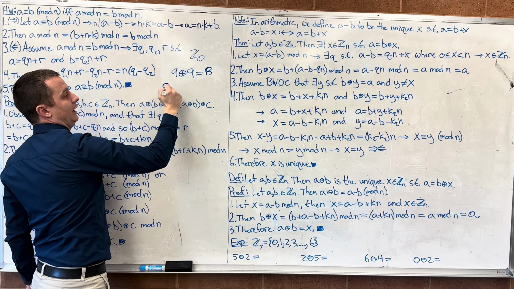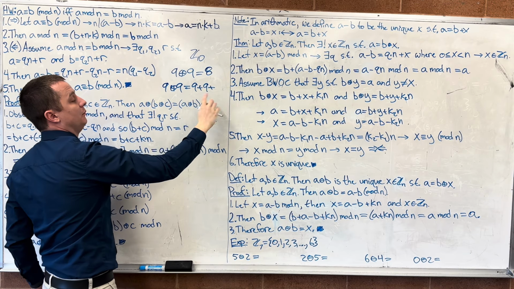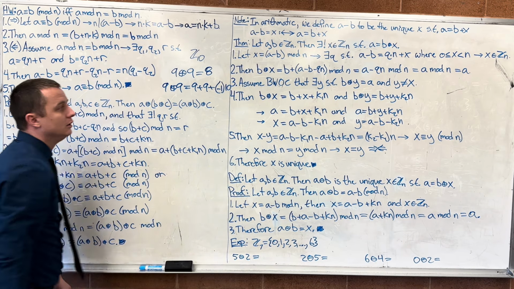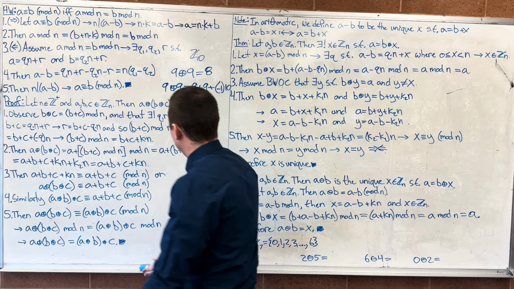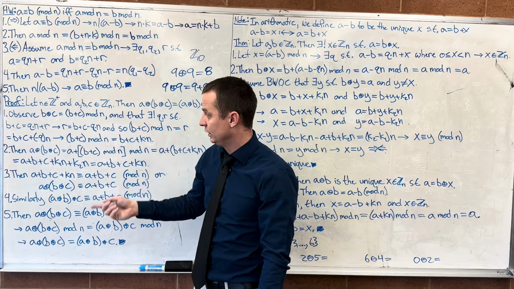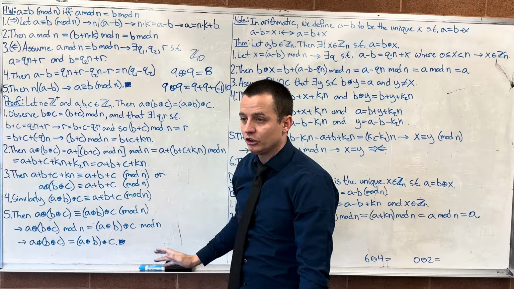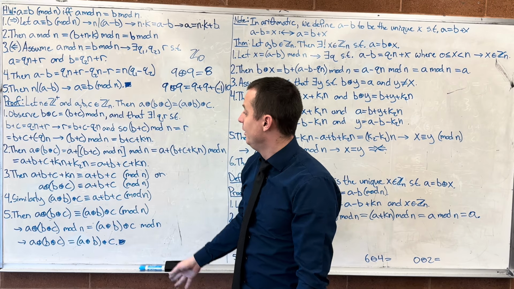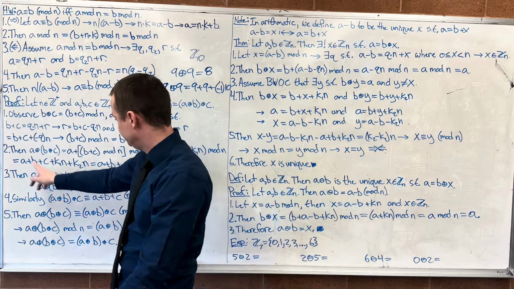Notice that 9 plus 9 is always equal to 9 plus 9 plus some integer number of tens. In this case, negative 1 tens. So that's all we're saying there, and that is a substitution you can use over and over again. b plus c in modular arithmetic is b plus c plus some integer number of n's in regular arithmetic. Good? Okay, so with that little side note, now let's get started with the proof.